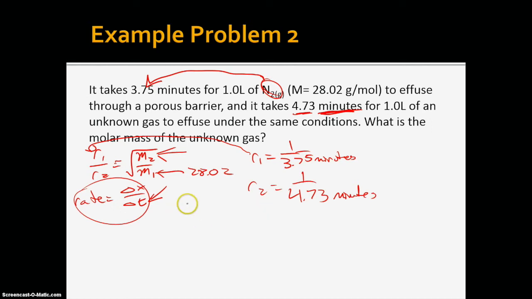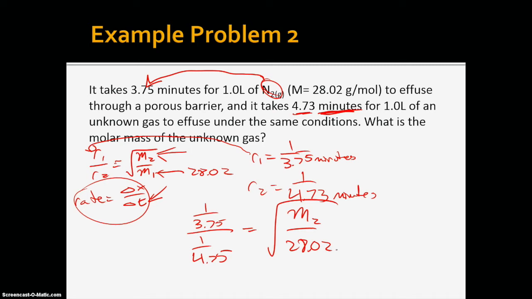So now you will write out your equation with the known variables. 3.75 divided by 1 over... okay, so from here, mathematically, these will essentially flip spots. So you will end up having 4.73 up in the numerator and 3.75 in the denominator.